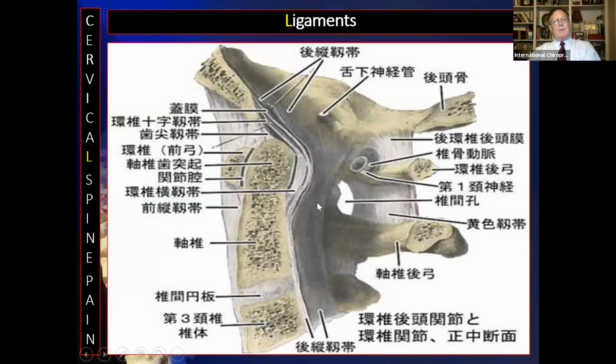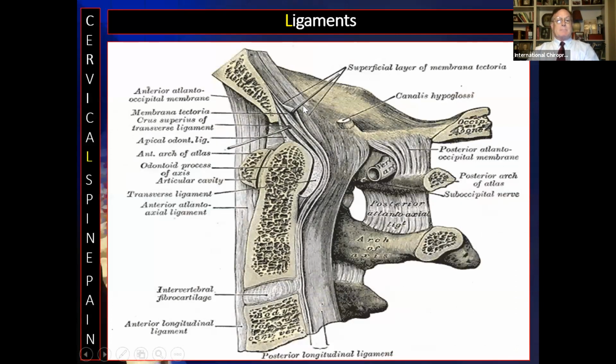What we now know is that you have a posterior longitudinal ligament that transitions at about the base of the odontoid process. The same structure is now named the tectorial membrane vertically, and it coalesces with the clivus, the periosteum here. Remember, everything's in series, not in parallel.